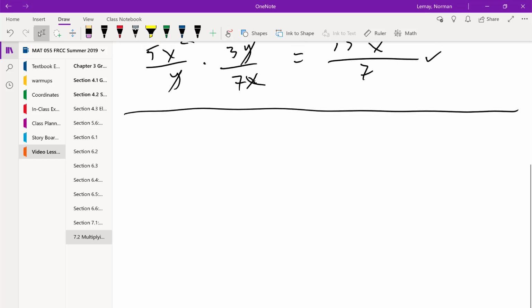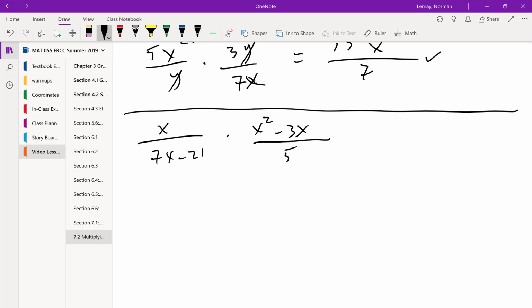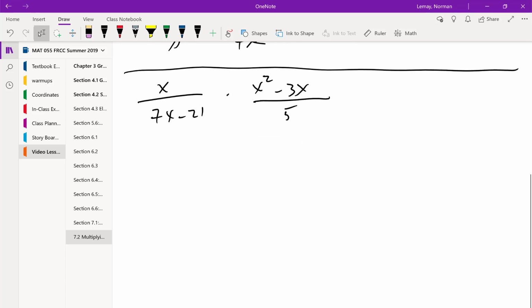So let's take a look at x divided by 7x minus 21. We want to multiply that by x squared minus 3x divided by 5. Let's note that there's nothing to factor on the top, so I'll just leave the top here. And down here we only have a greatest common factor of an x, so I'm left with x minus 3.